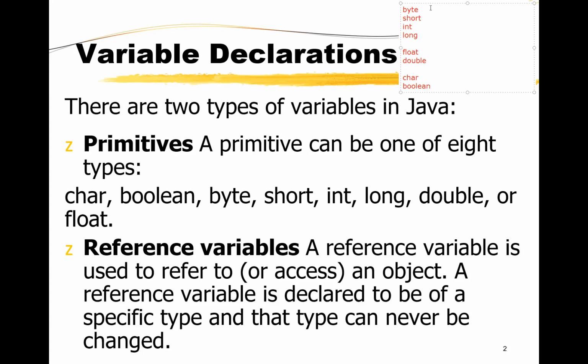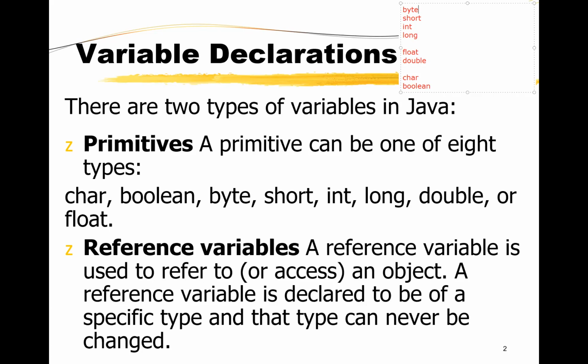Byte. We can store numbers inside the byte variable. The size of a byte variable is 1 byte, that means 8 bits. Therefore, here you could store numbers from minus 128 to plus 127.